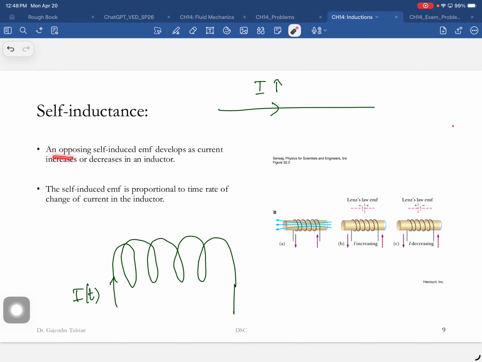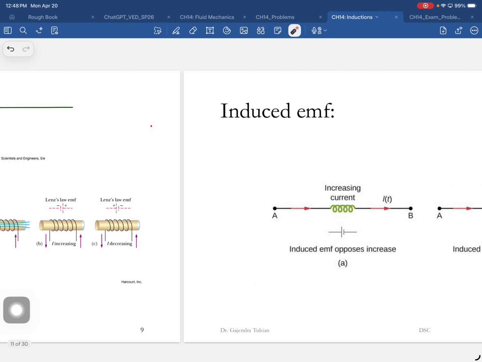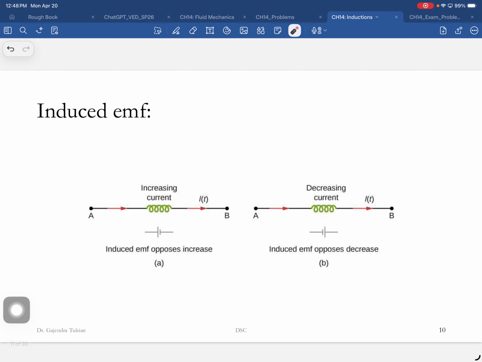An opposing self-induced EMF develops as the current increases or decreases in an inductor. The self-induced EMF is proportional to the time rate of change of current in the inductor. If you try and increase the current in this coil, it'll induce an EMF in the opposite direction. If the current is decreasing, it'll induce an EMF in the opposite direction, trying to maintain that current.